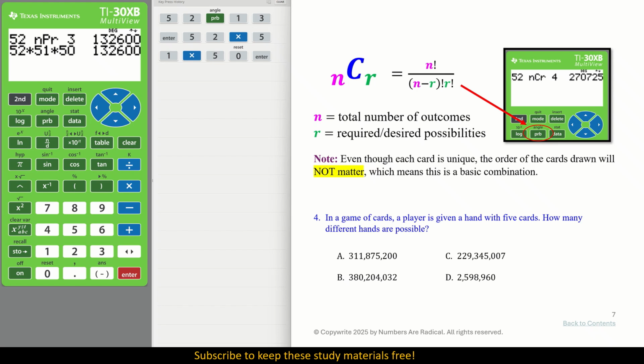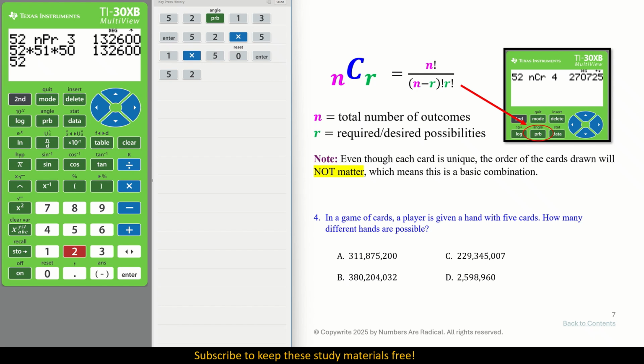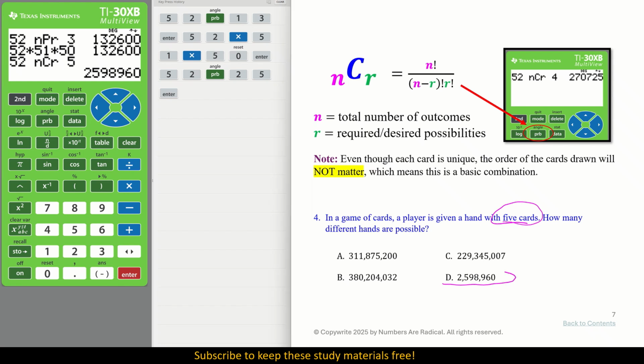So we have 52. Press the same button as a permutation, our PRB button, but we need number 2. Now how many cards are we concerned with? The 5. Great. Now push enter, and that is the value that we need, which is option D.